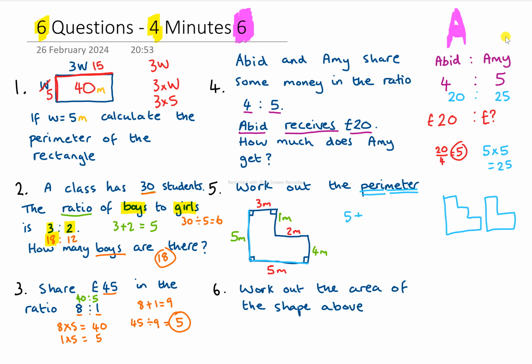So it'll be 5 plus 5. So this is all going on in my head. 10. And then I double it. Multiply it by 2. So the perimeter is 20. Remember, it's meters, not square meters. Right, now what we have to do is work out the area.